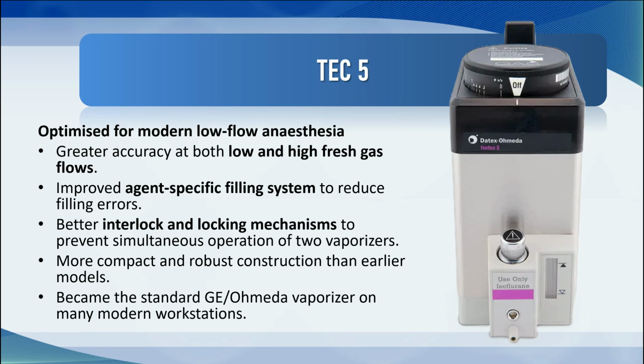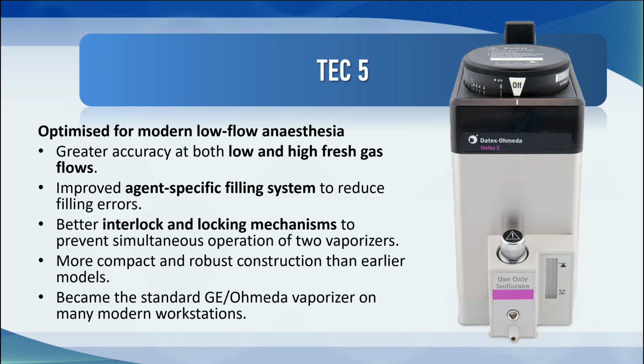By the mid 1990s, there had been a significant change in how anesthesia was delivered, with significant emphasis on low flow circle systems to minimize wastage and environmental impact, and also to improve safety. This model, the TEC 5, was optimized for low flow, requiring greater accuracy of output at different flow rates.